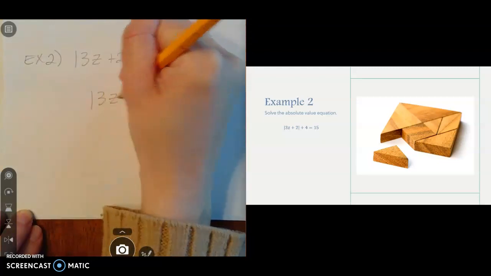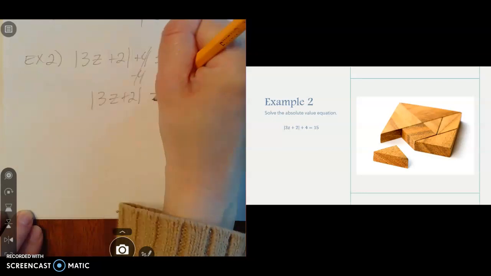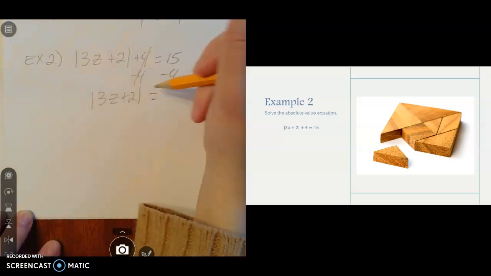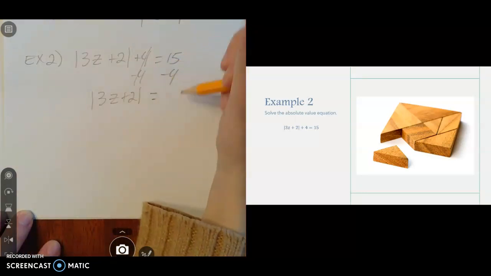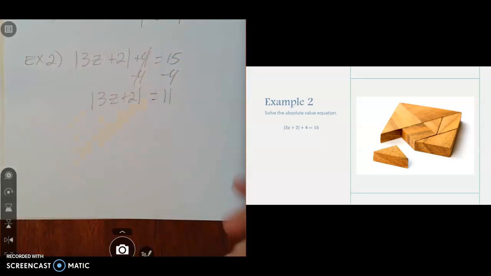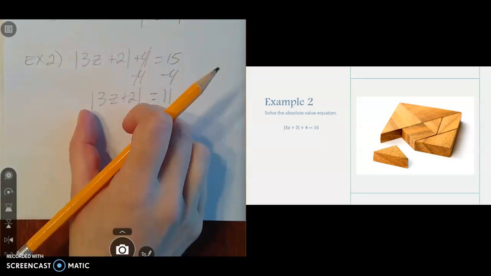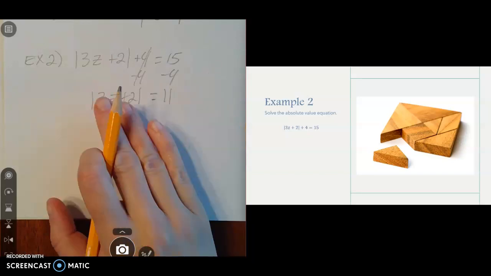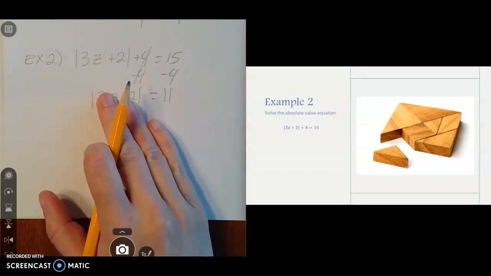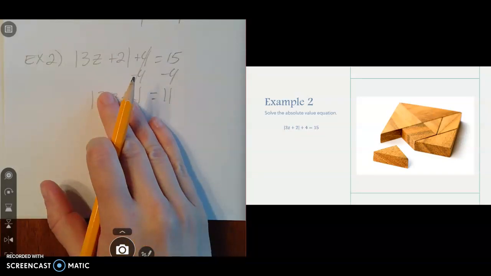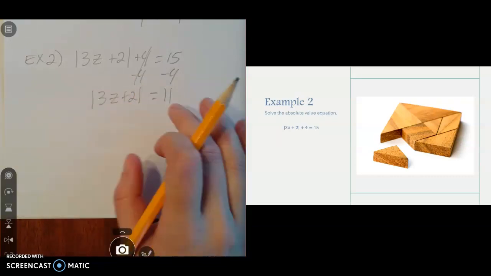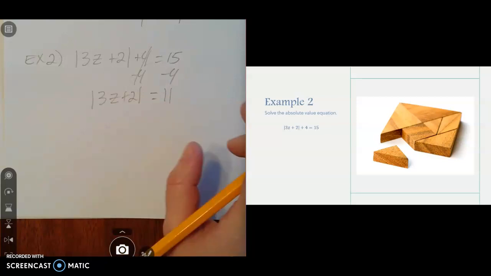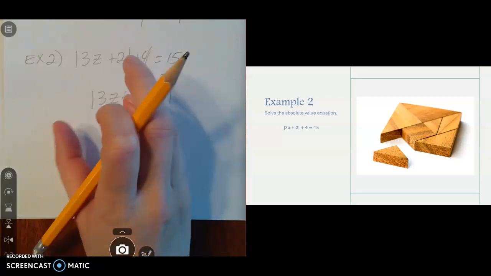Now I've got the absolute value of 3z plus 2 equals, and then 15 minus 4 is 11. Now that I have the absolute value by itself, well, if I had like the absolute value of x equals 11, then x would be 11 or -11, right? Even though we have a more complicated inside, it still could equal 11 or -11 to get that absolute value.